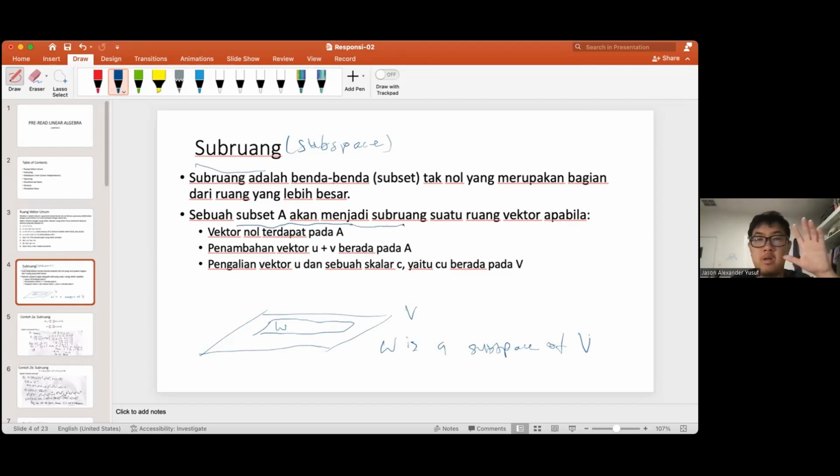will become part, sorry. To prove that a subset is part of a vector space, then these three conditions must be met.